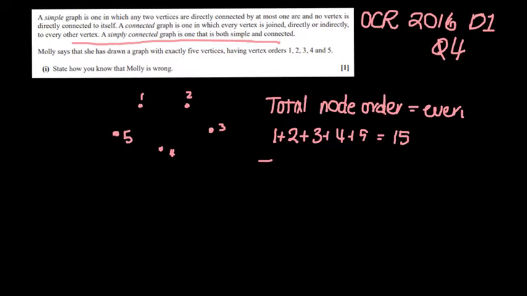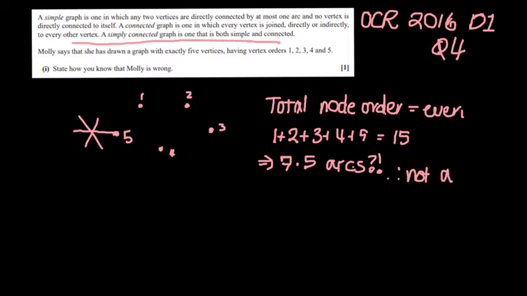Well, that would imply then that we would have 7 and a half arcs. That doesn't sound right. In fact, that isn't right. We can't have half an arc. We can't have a spoke just kind of going off and not joining up to another node somewhere. That's just complete rubbish. So we know now that we don't have a graph. So there we were just testing what we knew. That total node order being even, because that then gives you a total number of arcs, is really quite a key little feature, I guess.